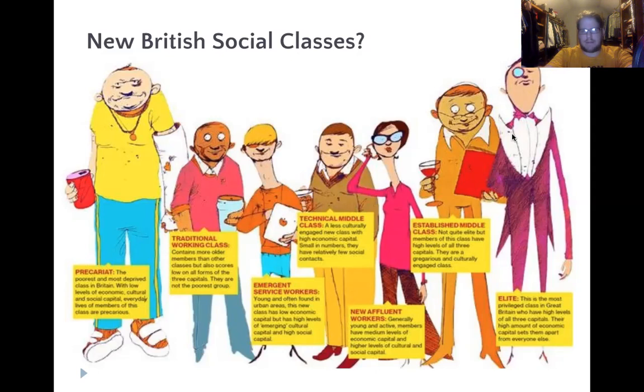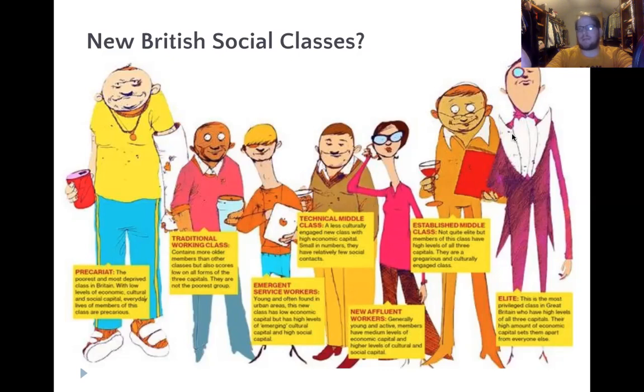The next social class will be traditional working classes. This cluster tends to be older, and it tends to be the working class in terms of people who are blue collar factory workers. The next group over are the emergent service workers.